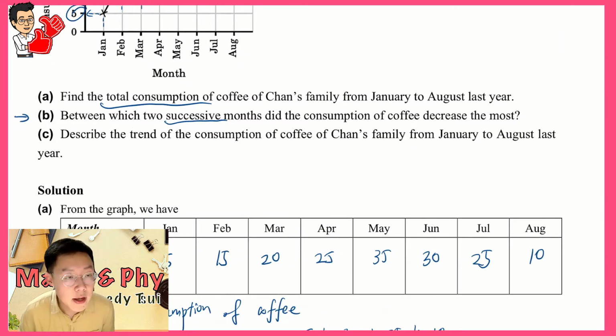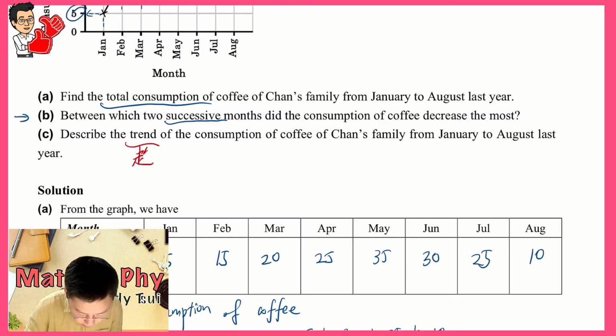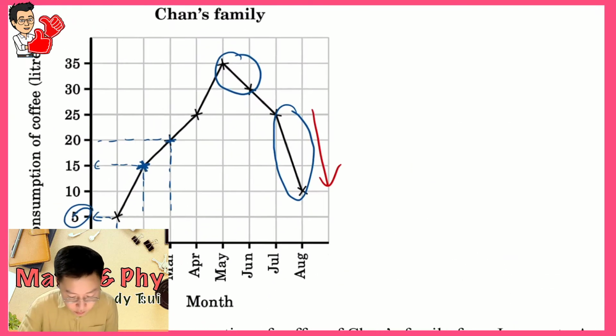Part C asks you to describe the trend of consumption of coffee of Chen's family from January to August last year. That means I want you to write down the trend. I'll write it for you. So let's look at this graph.